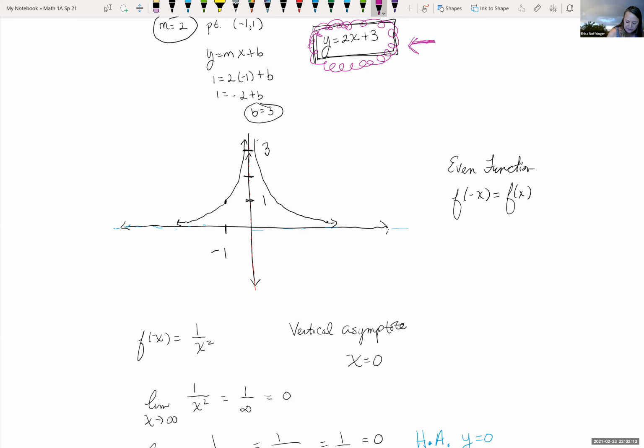I know what my y-intercept is. B is 3, so it's crossing the y-axis when x is 0. The y value is 3. And then my slope is 2. We also knew this was a point here, so we can just join these two points to make a line.